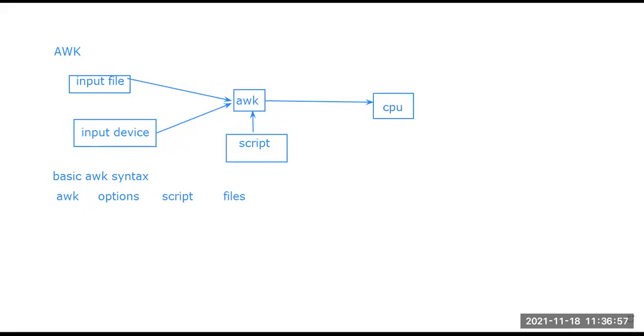Now, coming to the options. Every command we have seen so far in Linux has options, and according to the option we choose, the process will work. So what options are there in AWK? One is minus capital F and another one is minus small f.